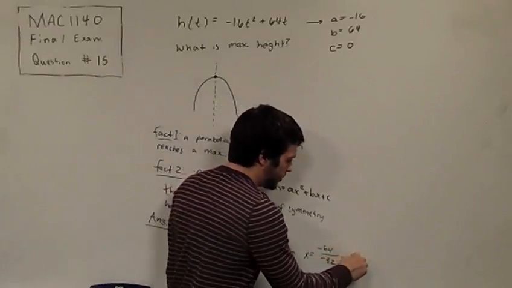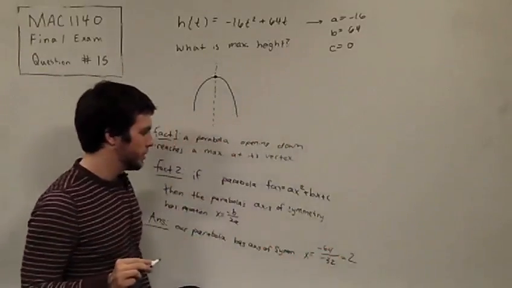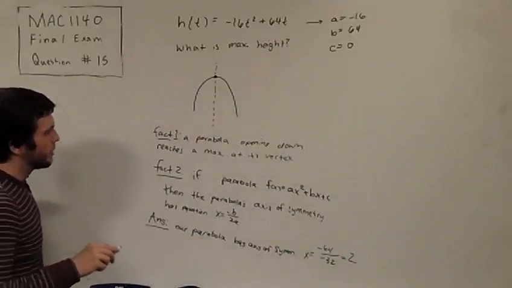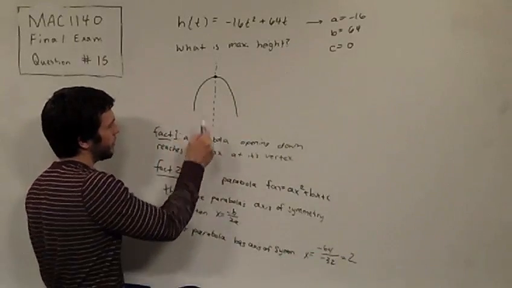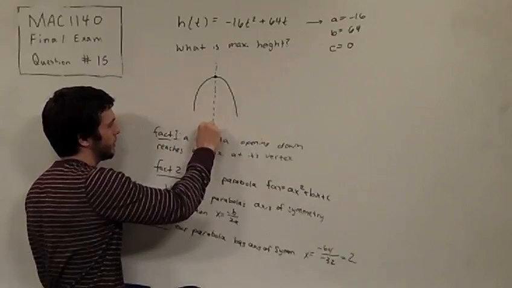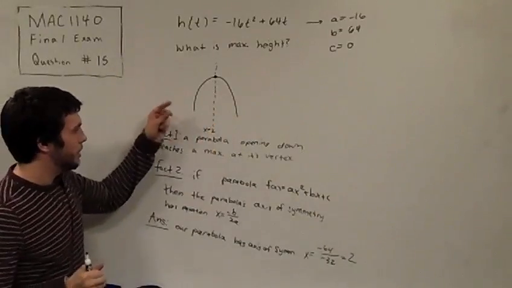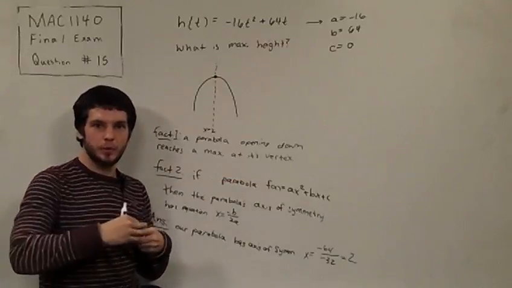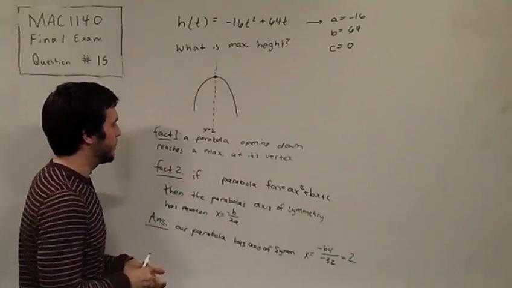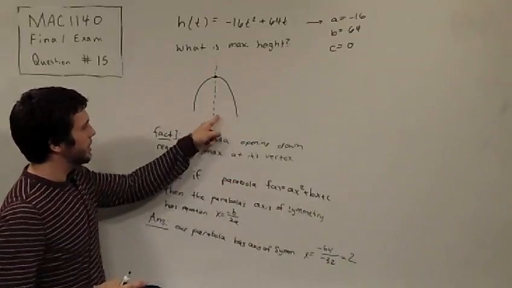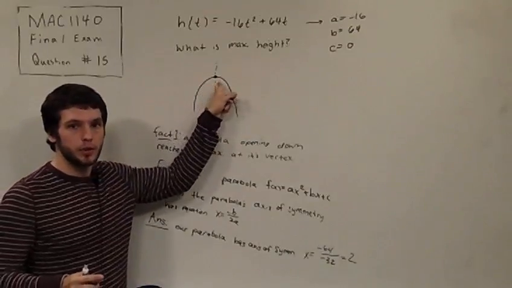The negatives cancel, and 64 divided by 32 is 2. So if this is our parabola, then this is the vertical line x equals 2. A parabola that opens down reaches its maximum at its vertex, and the vertex is on this line, x equals 2.